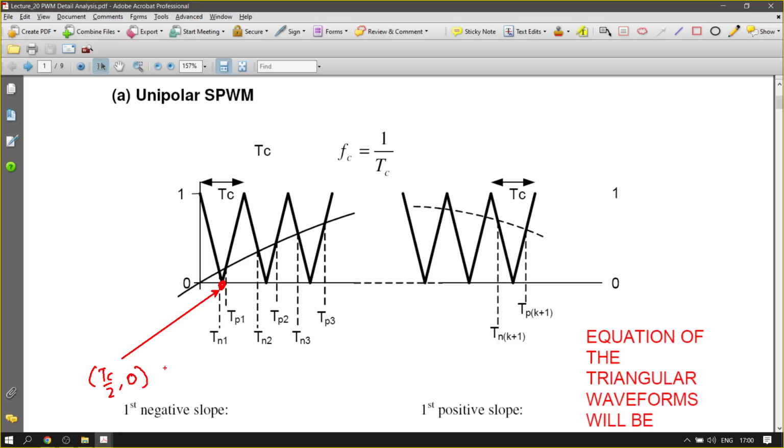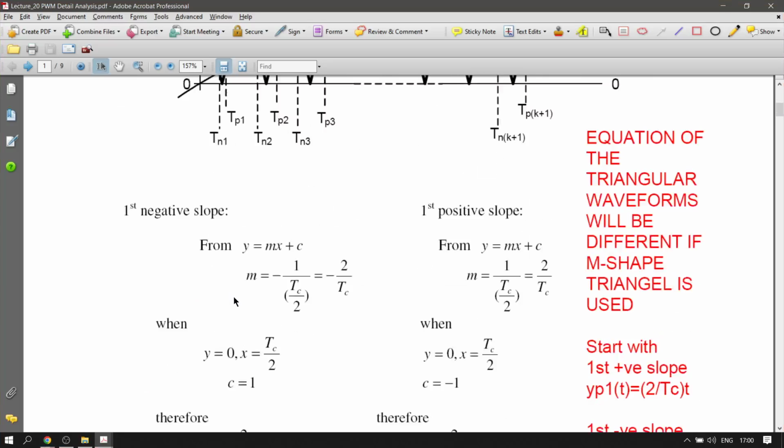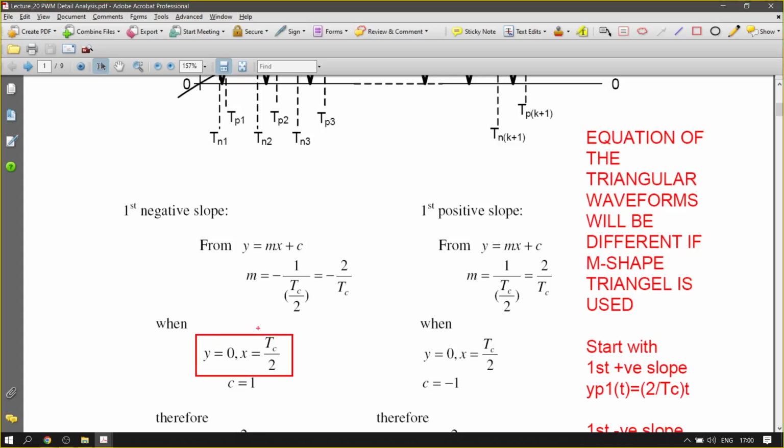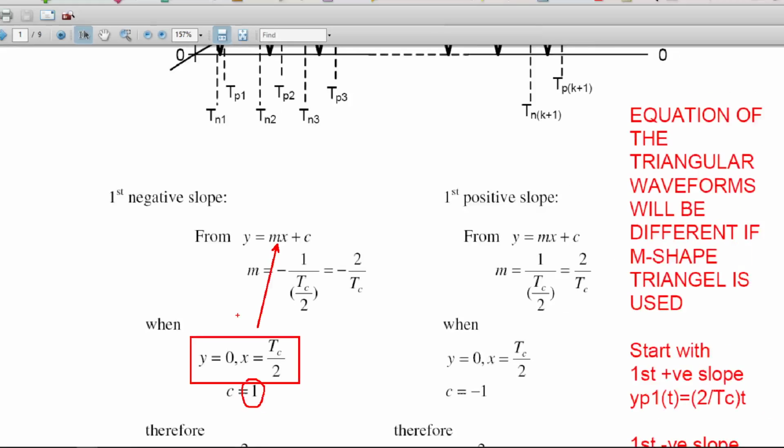That's the point. So in this equation we have y equals 0, x equals TC over 2, and if you put that information into y equals mx plus c, you can find the value c equals 1. C equals 1.